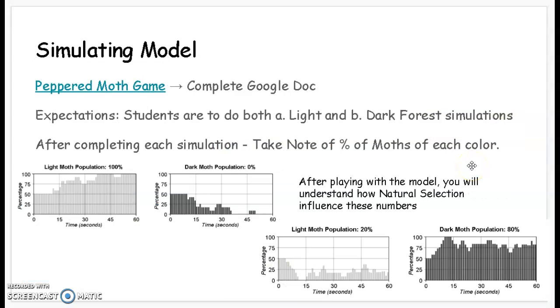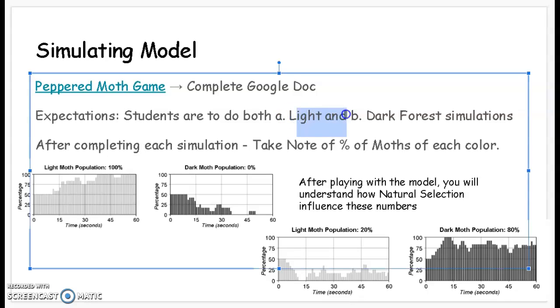So today's objective is really simple. I have a video that explains this pepper moth, but in order for you to grasp how natural selection works, you should play with this model. My expectation is for you to do both the light and dark forest simulation. So there's only 2 simulations you have to do. It's only 1 minute each.